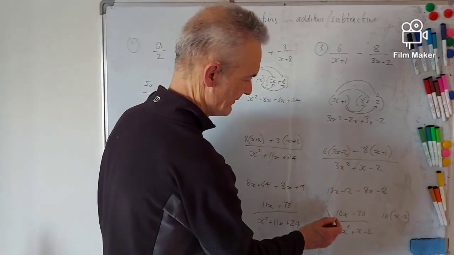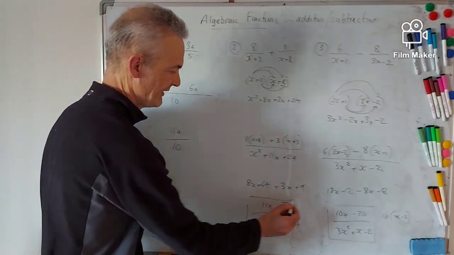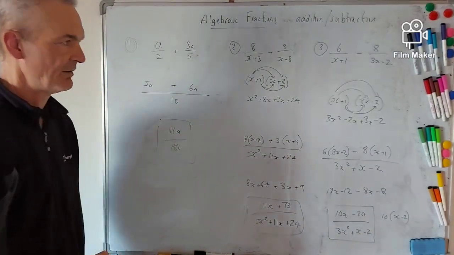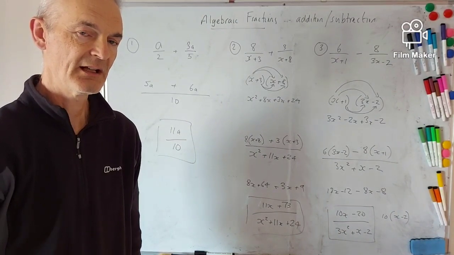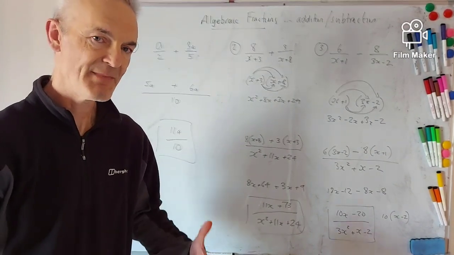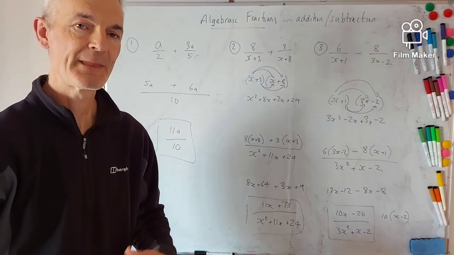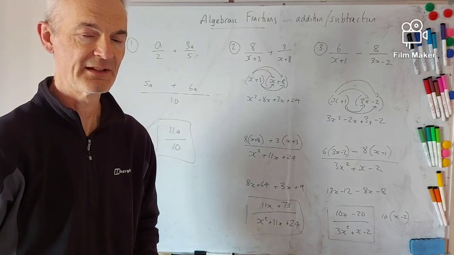So we've gone as far as we can go at that point, as we have here and as we have here. Okay, so that's how you add and subtract algebraic fractions. It's the same method that you use for ordinary fractions, but it's obviously just a little bit more complicated with letters in there instead of numbers.